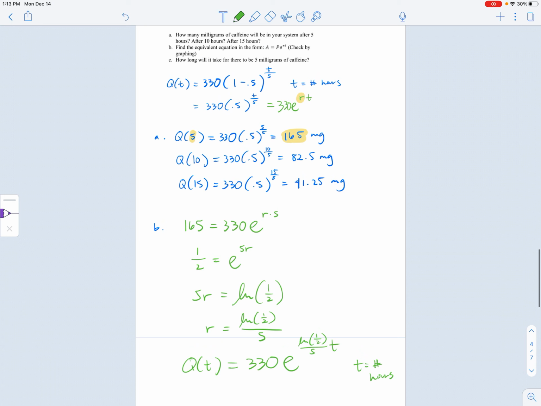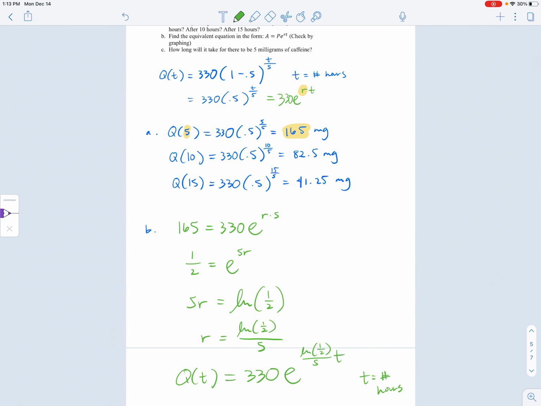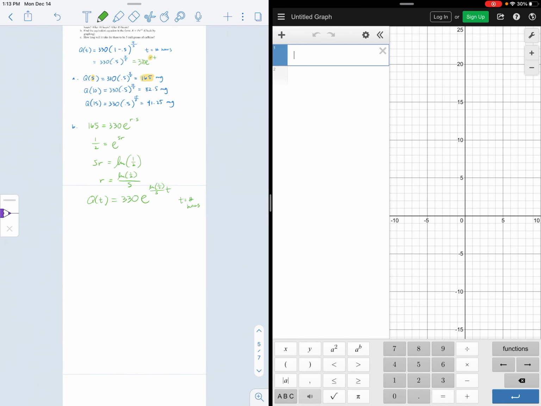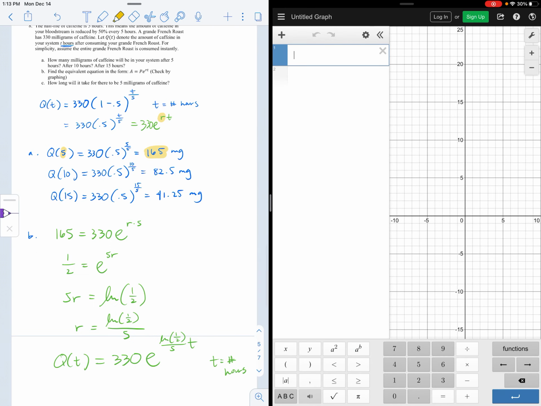And we can confirm that we found the correct value for R, or the correct equation, graphically by graphing both this equation and this equation.